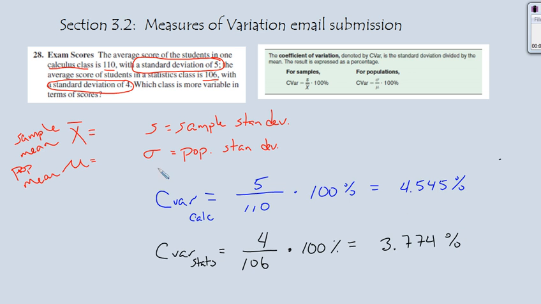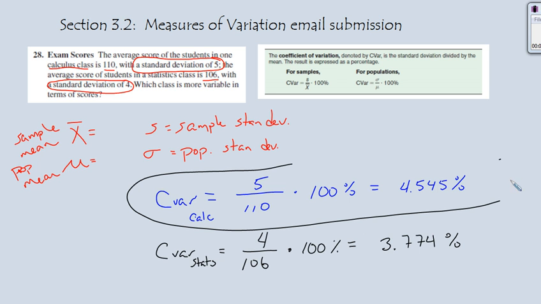So when we look at this now, we can clearly say that because we have a larger percent here, the calculus class is more variable, or has more variability.